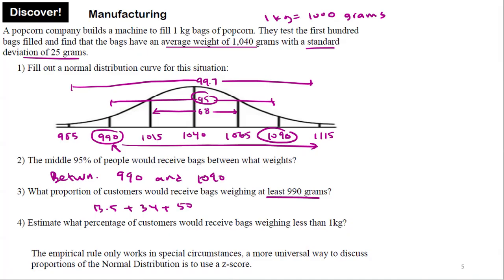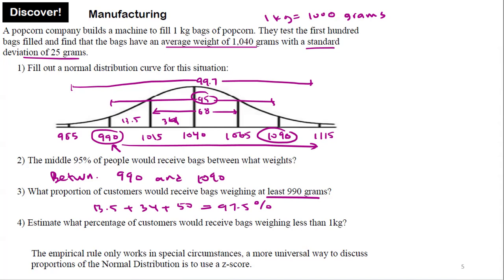So that will give us a total of 97.5. Again, 13.5 is here, 34 is here, and then all of this to the right of that is 50%, because half of the graph is 50%. So that's how we got our answer here.